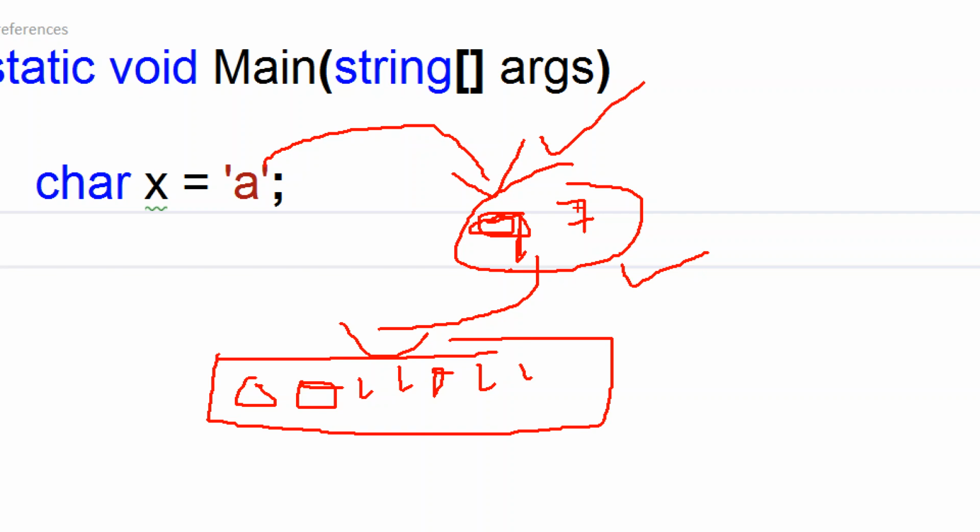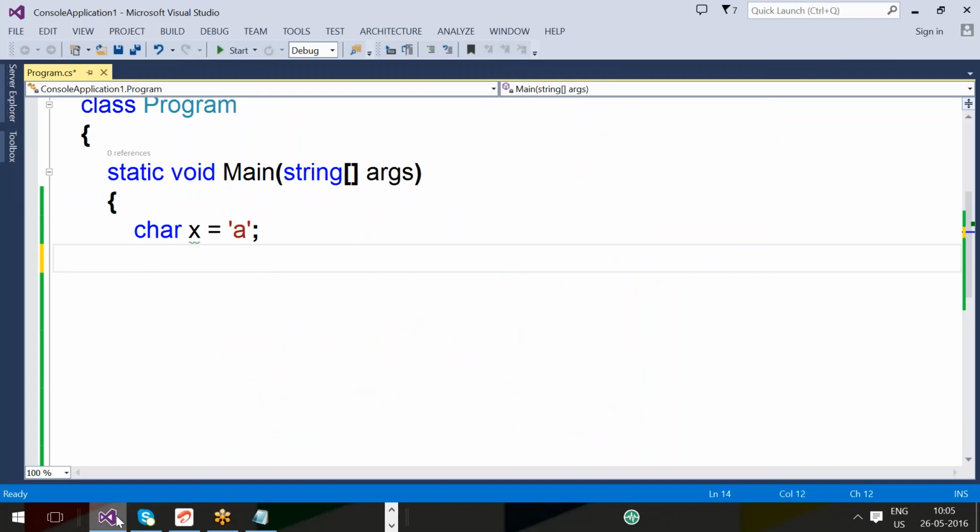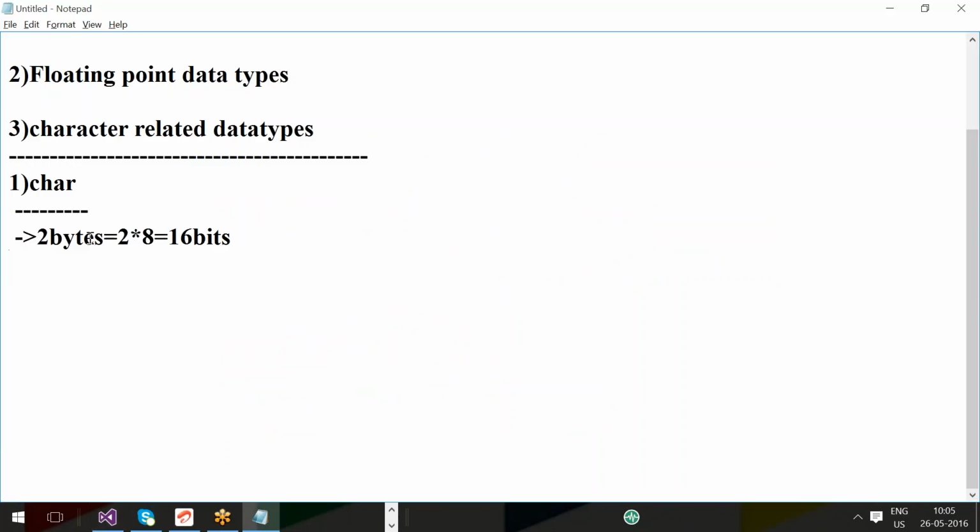The highest ASCII value's conversion requires a minimum of 16 bits, so it can be accommodated within 16 bits of memory. For that reason, for the safe side, they declared the predefined size as 2 bytes, nothing but 16 bits. That is the story.